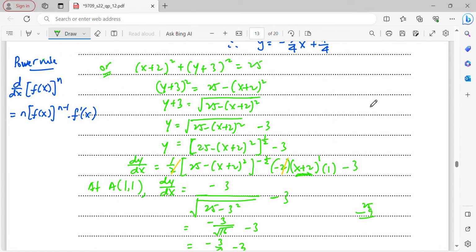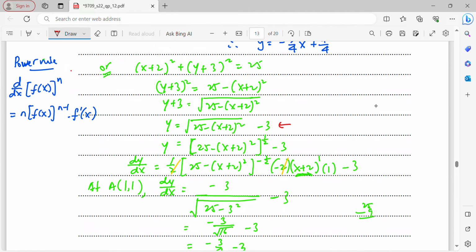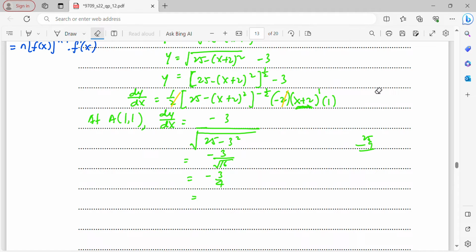Okay, wait, let me check. Oh, I made a mistake. So here, look at here, shouldn't have negative 3, because this is your y, this is your y. When I differentiate, this minus 3 is a constant, should be 0 at the back. Okay, I overlooked it. So here, no more minus 3. Alright, so you will get just minus 3 over 4.